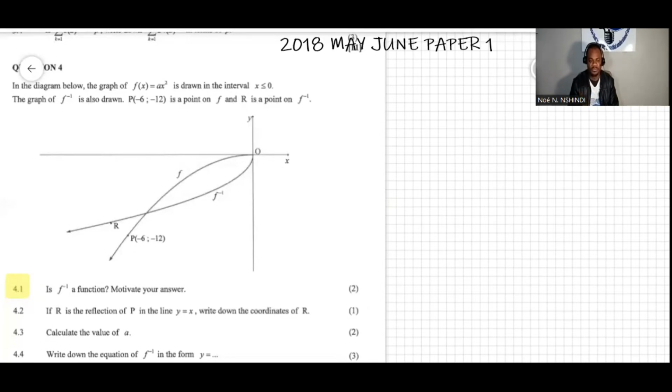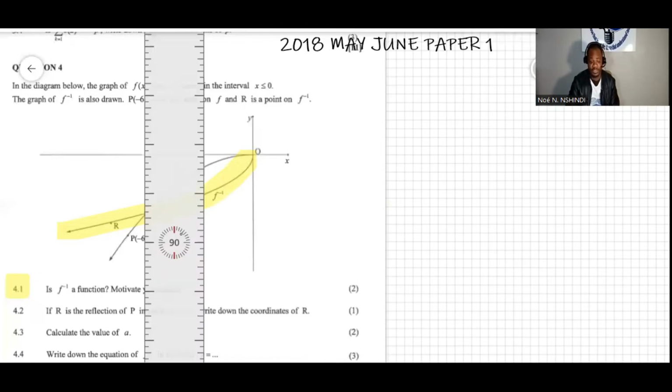Motivate your answer. Okay, f^-1 is the graph that we see here. Now, I will say f^-1 is a function because I want to use the vertical line test to prove that. So if I draw my vertical line here, this is what I notice.